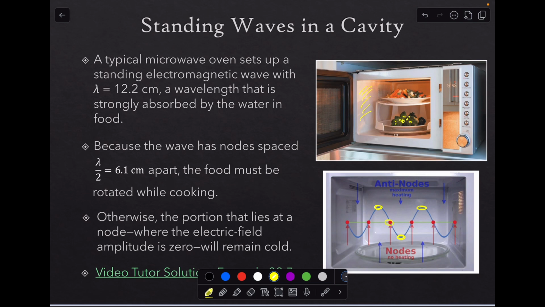So the wavelength that is set up in the microwave is going to be equal to 2 times the length of the microwave over the number of nodes. So if we have nodes spaced 6.1 meters apart and the microwave is 12 meters in length, then we would have only one node.